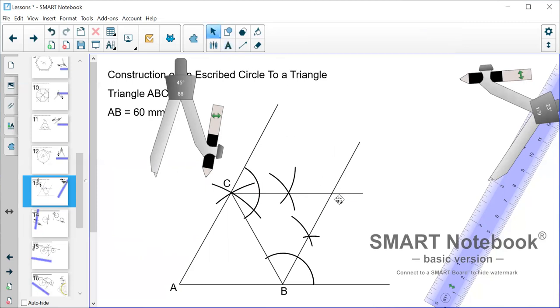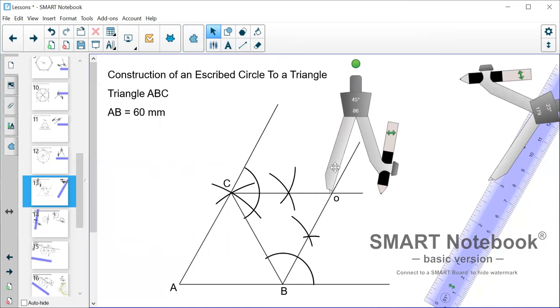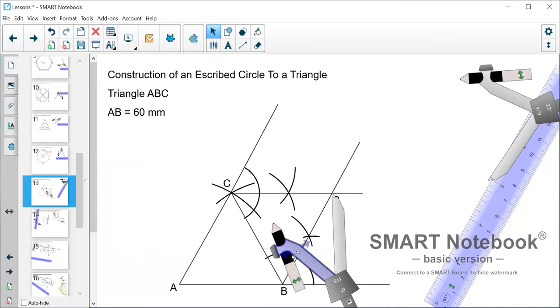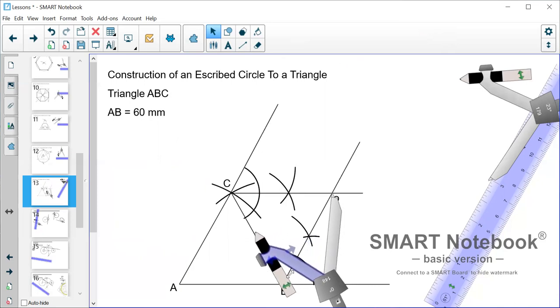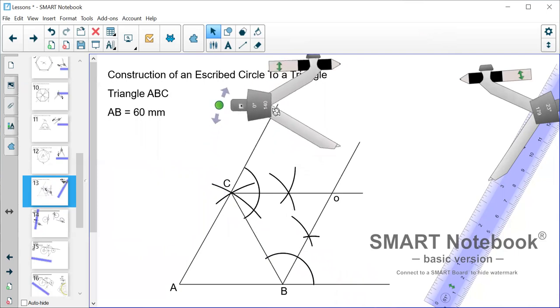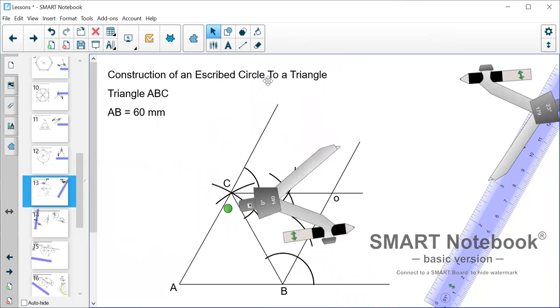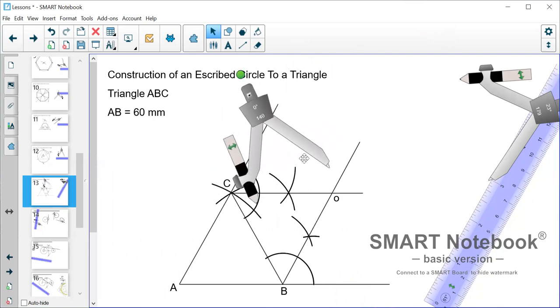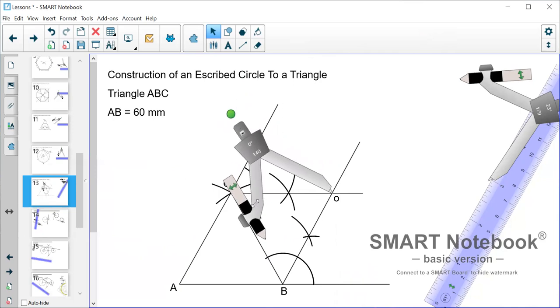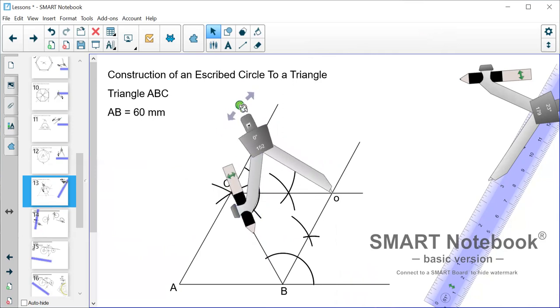That now becomes the center of the circle. So from that center, we open our pair of compasses to the side. Let me adjust this a little. From O, we adjust it to touch the side of the triangle.